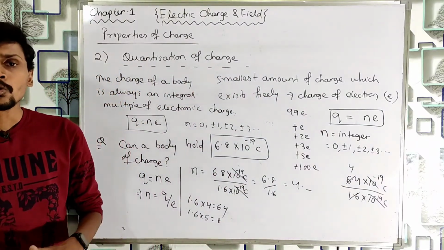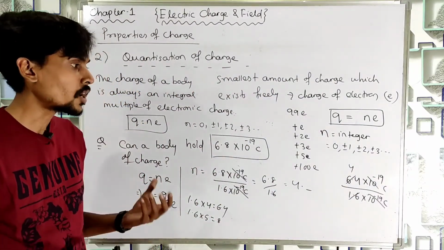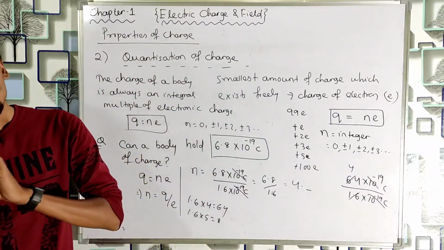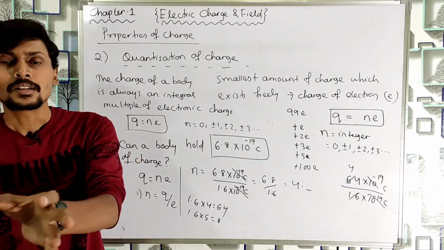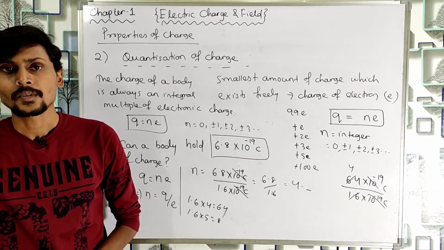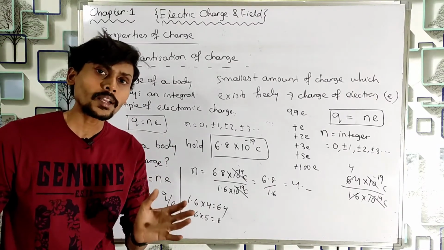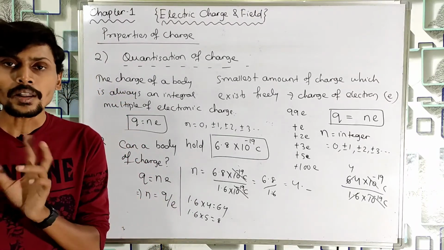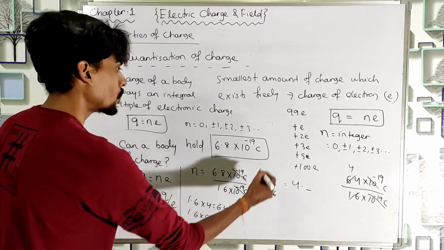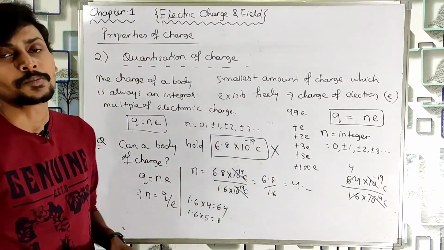If a body loses 4 electrons, its charge will be this much. But a body can never lose 4.3, 4.7, or 4.5 electrons. Either it will lose 4 electrons or 5 electrons, not in between. That's why a body can never hold the earlier amount of charge.